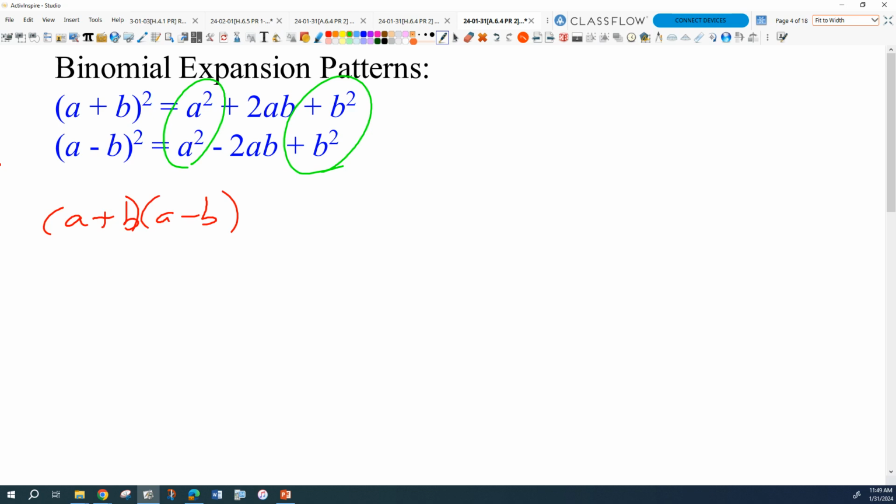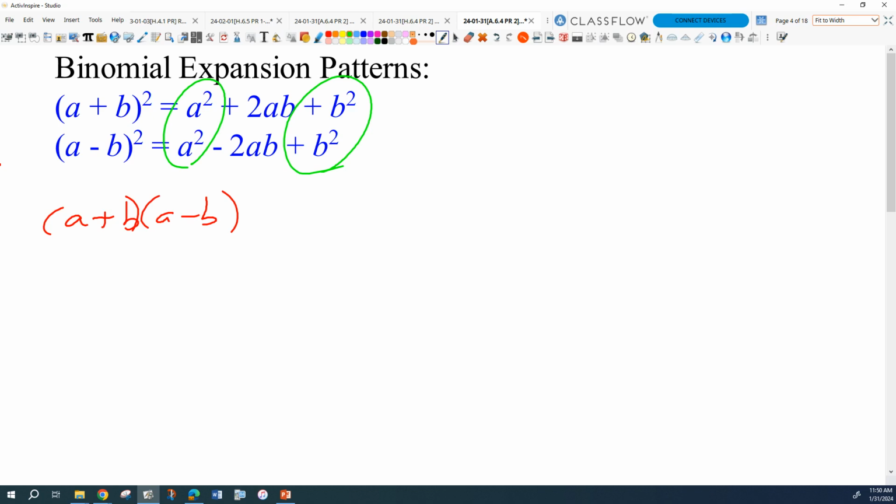Or I get an A to the 1 times a B to the 1, same thing. Everybody get that? So in each term, I'm multiplying an A or a B either times itself or times the other thing. A squared term, A times B term, B times B term, right?